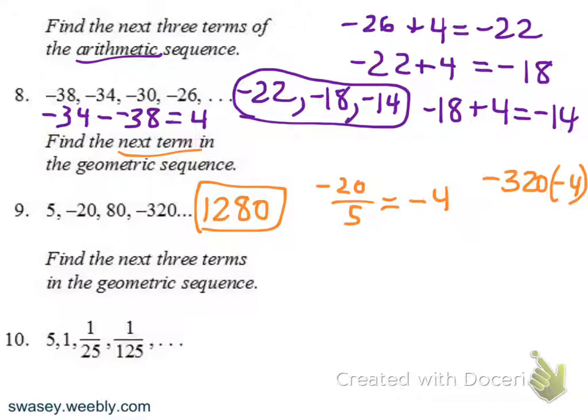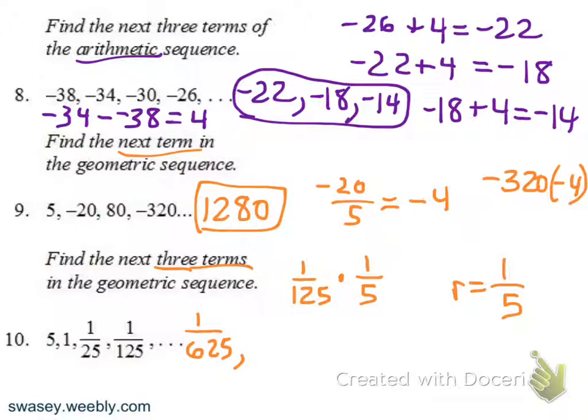And the next one asks for the next three terms in the geometric sequence. So keep the pattern going. Well, 1 divided by 5 is 1/5. So our common ratio is 1/5. Continue that pattern. 1/125 times 1/5 is 1/625.